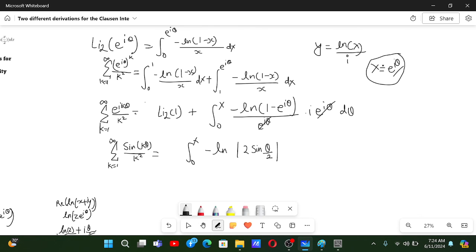If I use y, then x is equal to e to the power iy. Yes. Now over here it will just be theta. Now over here it will be e to the power iy, e to the power iy dy.